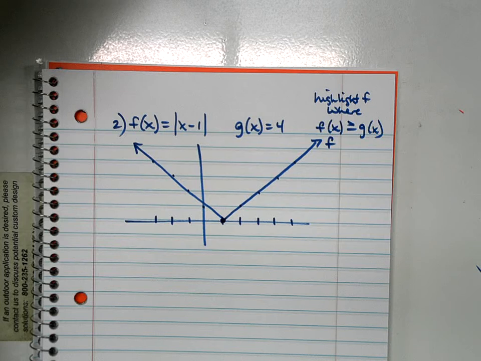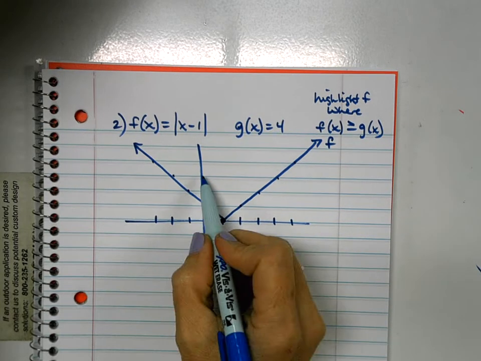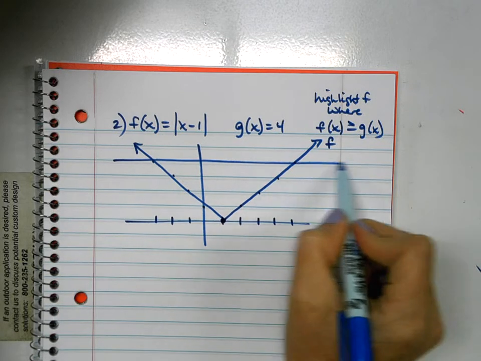All right, and then graph g of x equals 4. If you haven't done that already, extend it beyond. Okay, and label g.